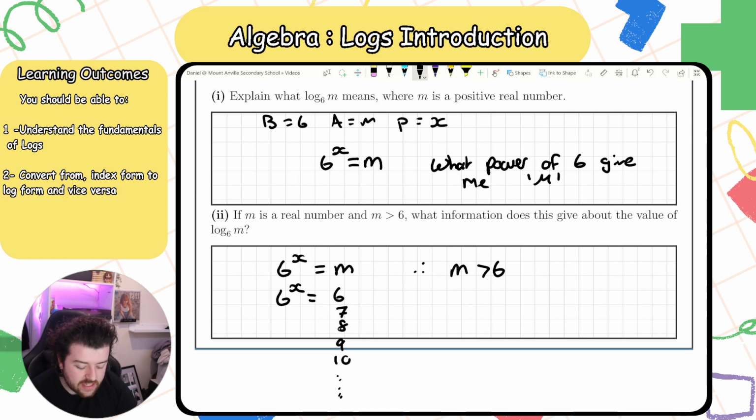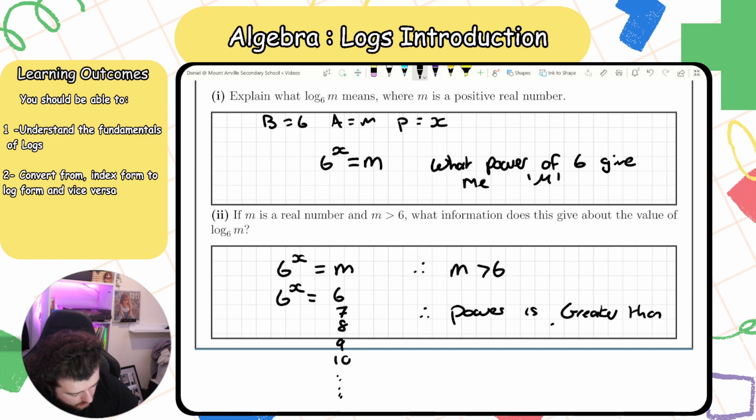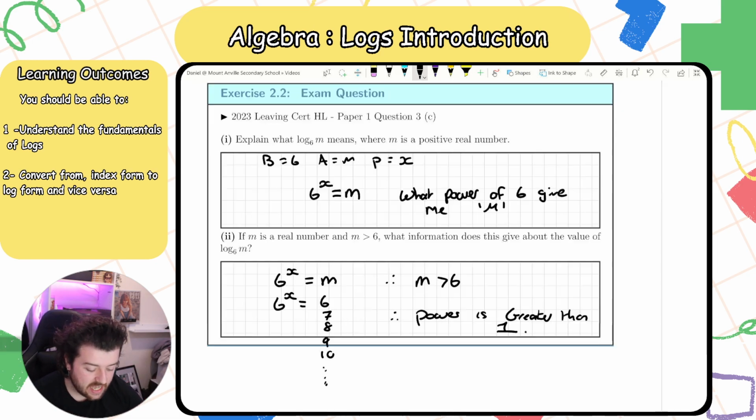My answer is increasing here and is greater than my base. So therefore, my power is greater than 1. Because if my answer m is greater than 6, well, 6 to the power of anything greater than 1 will give me more than 6, right?